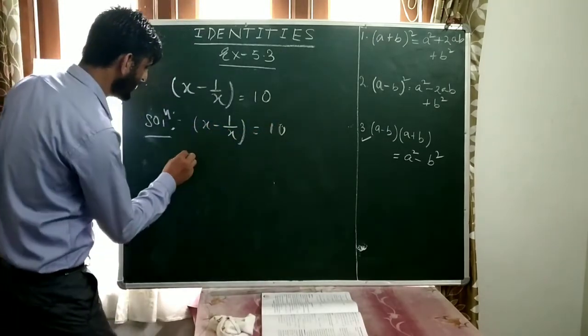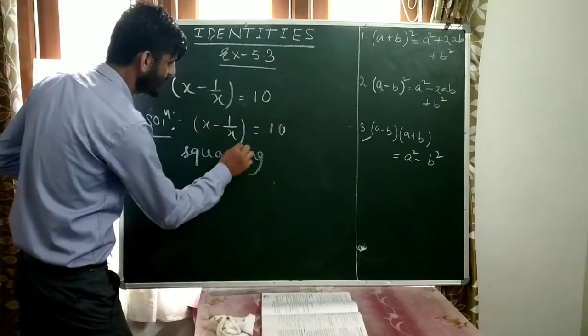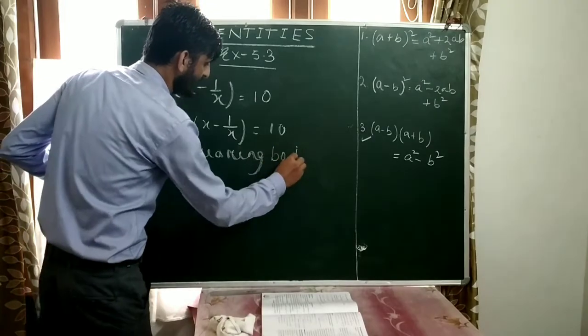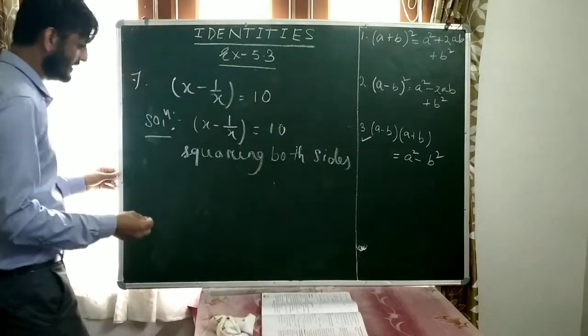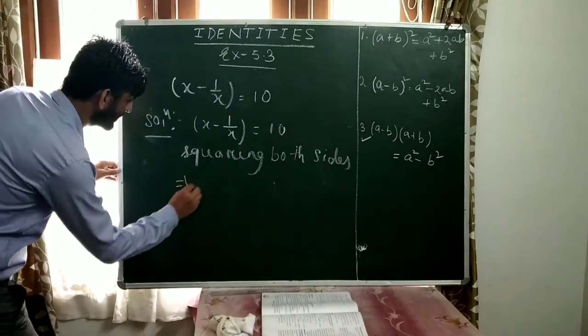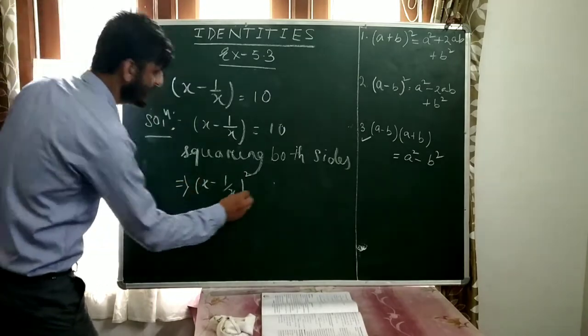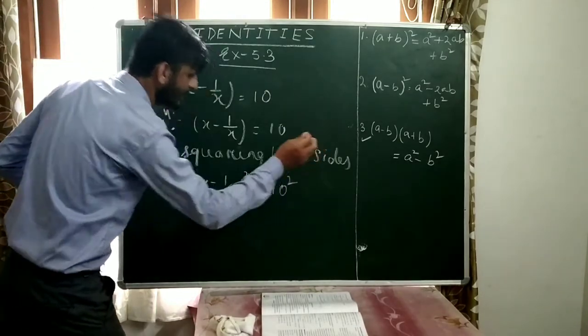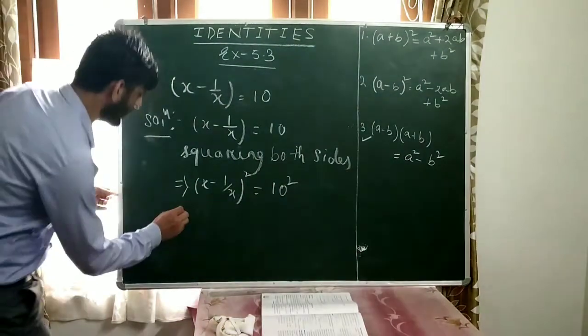Then squaring both sides, what will we get? We will get x minus 1 by x whole square is equal to 10 square. Yes or no?